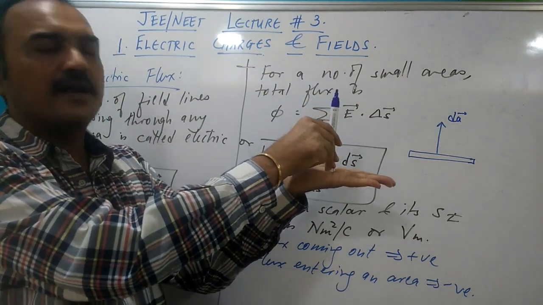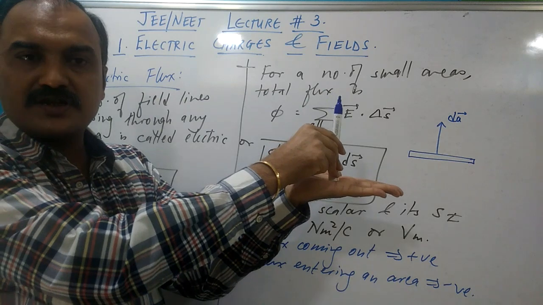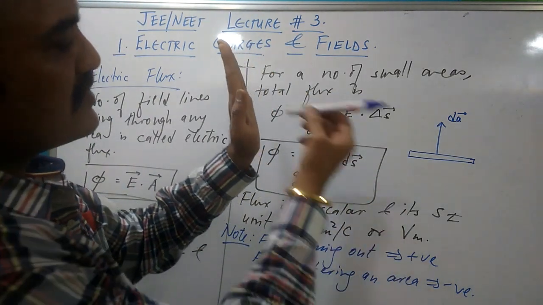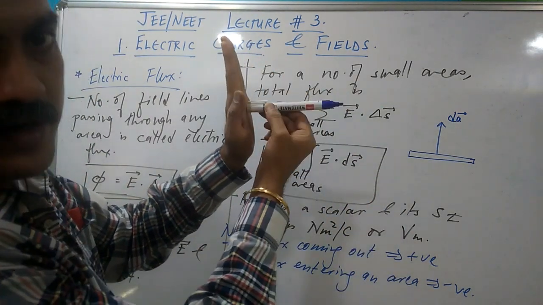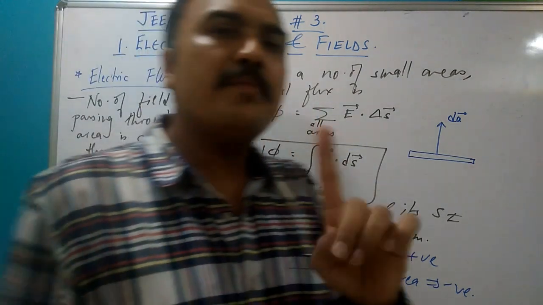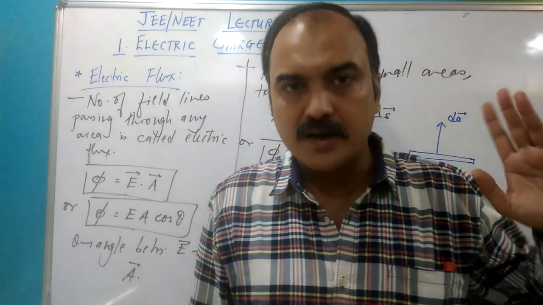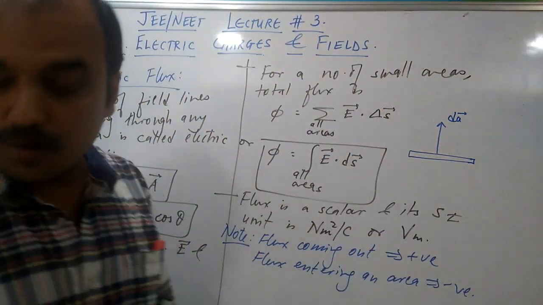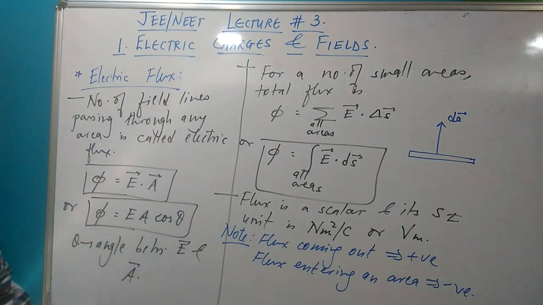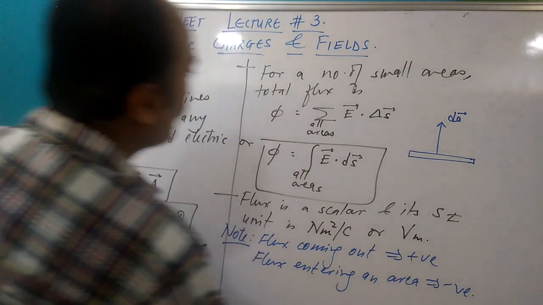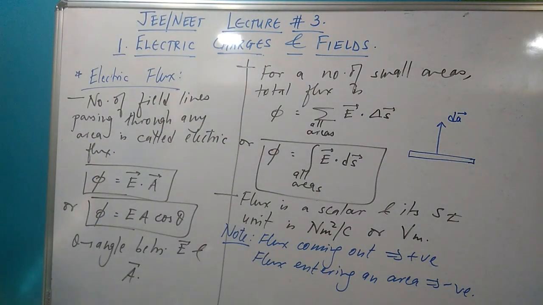This blue colored vector would be the area vector for this surface. If this would be the surface, this would be the area vector. Always remember, the perpendicular drawn to any surface is the area vector of that surface. Which now brings us to Gauss's law. And one of the most important ideas, you can have a look at it for once.